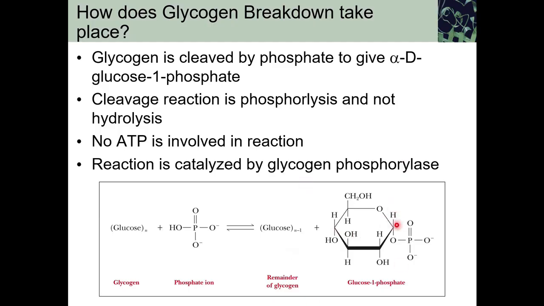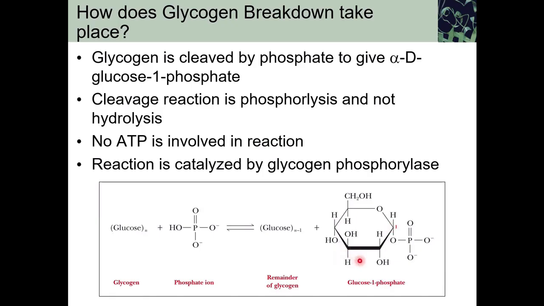Remember, that's going to be metabolized in glycolysis. And how does this metabolite enter the process of glycolysis? Remember, the first step of glycolysis is the phosphorylation of glucose into glucose 6-phosphate. This is not glucose 6-phosphate.